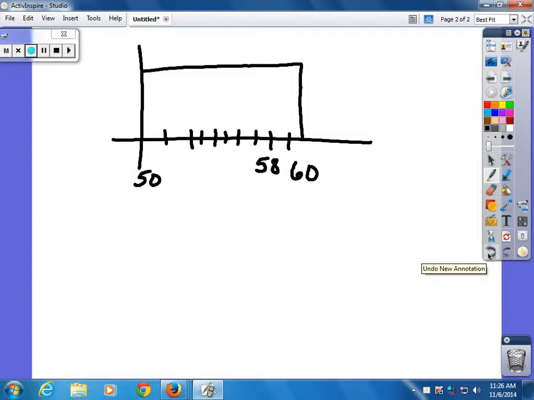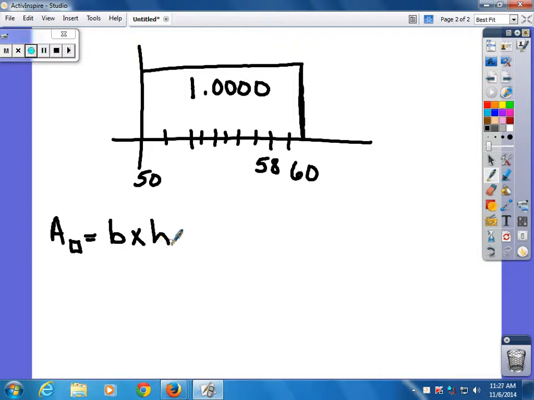So, what is given? Given is the area is equal to 1. And what shape is a uniform distribution? A rectangle or a quadrilateral. What's our base? Solve for h.